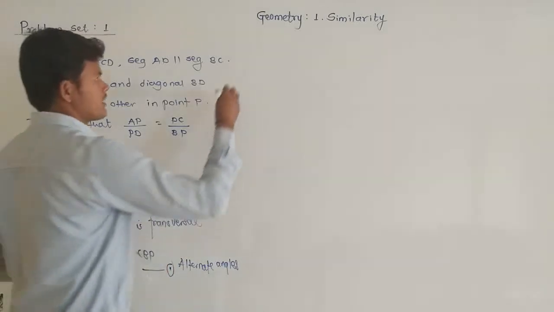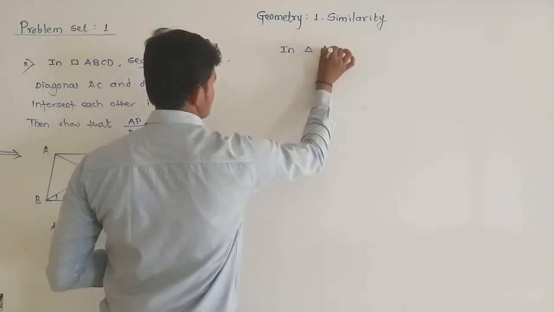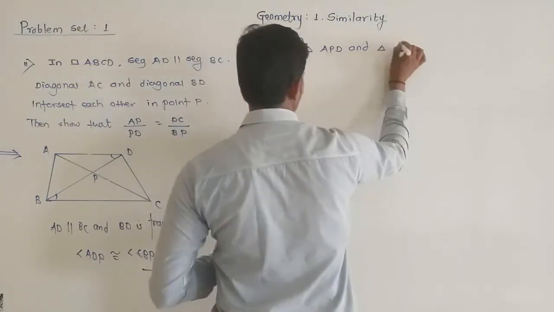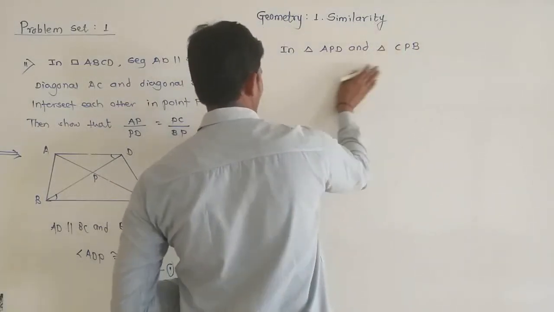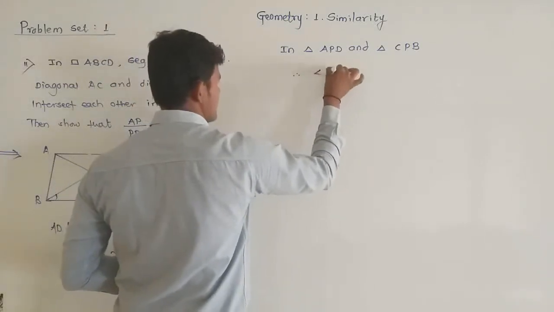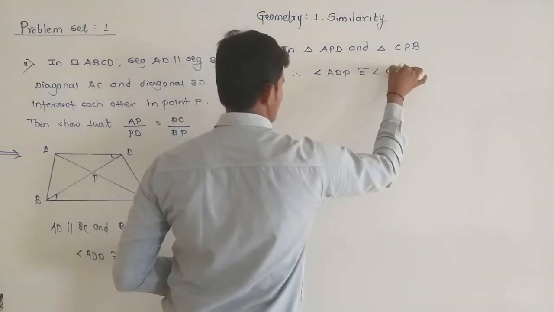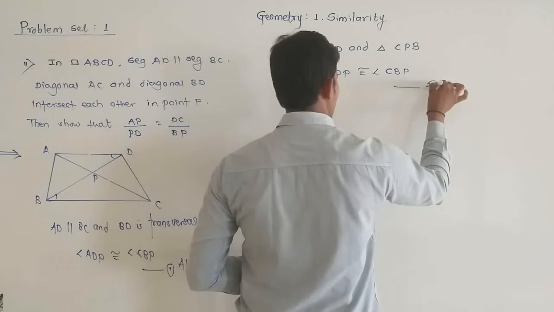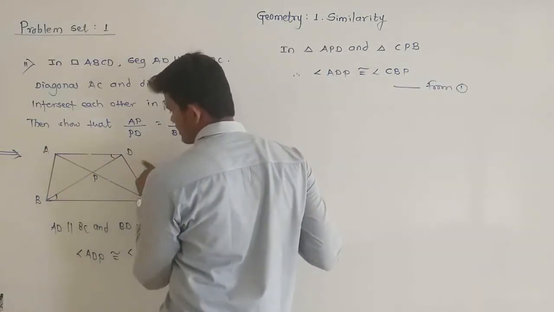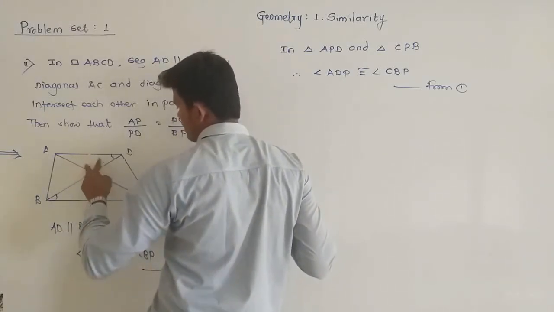Now consider two triangles, that is triangle APD and triangle CPB. Correspondence is very important. Now, from the first equation, we get angle ADP is congruent to angle CBP, and here diagonal AC and diagonal BD intersect each other. That means if a pair of two lines intersect each other, then the opposite angles formed are congruent.